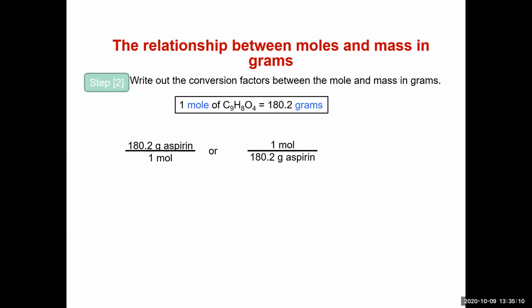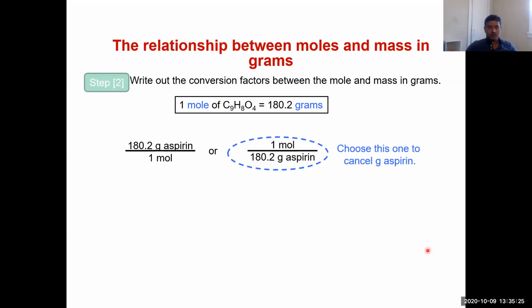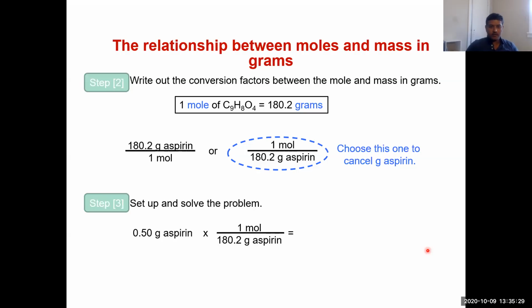It's the right one because the given unit is grams. Yeah, so you should have the given unit in grams in the denominator. So let's choose that one and set up the equation. 0.5 grams multiplied with this conversion factor. Cancel the grams.